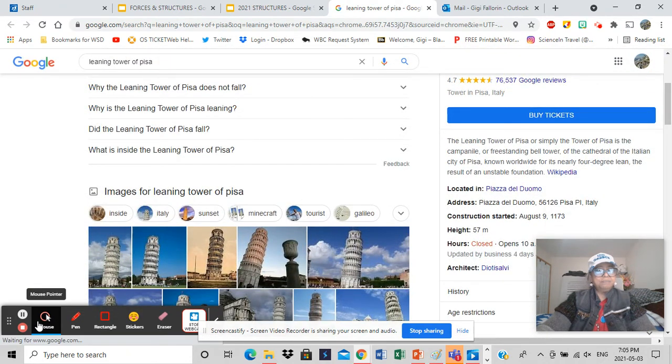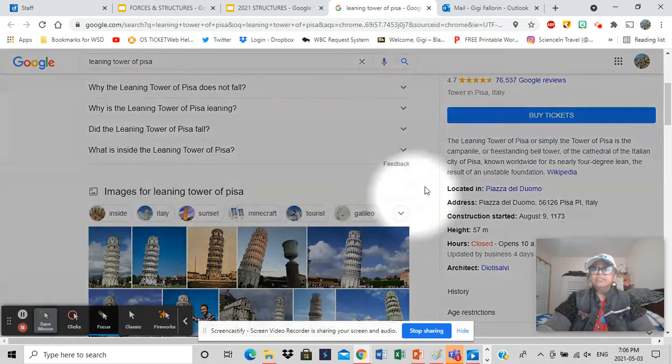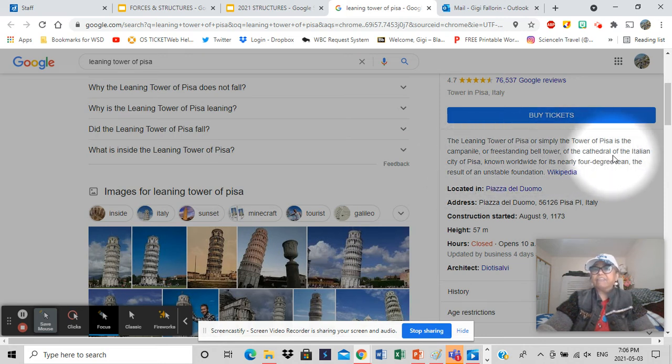So it says here, the Leaning Tower of Pisa, or simply the Tower of Pisa, is the campanile or freestanding bell tower of the Cathedral of the Italian city of Pisa, known worldwide for its nearly 4-degree lean, the result of an unstable foundation.